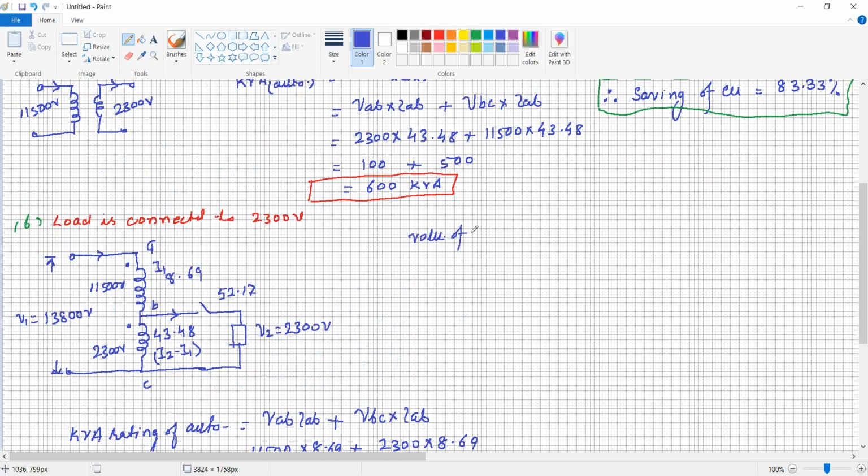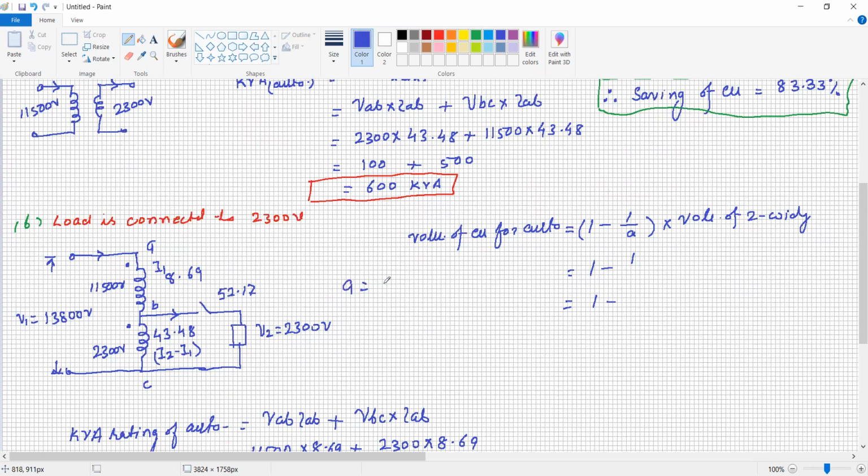Volume of copper for auto transformer is equal to 1 minus 1 upon A into volume of two winding transformer, isn't it? So it is equal to 1 minus 1 upon A. What is A?